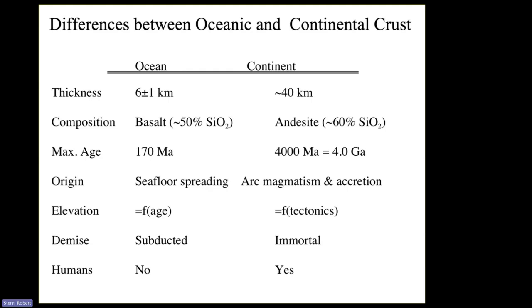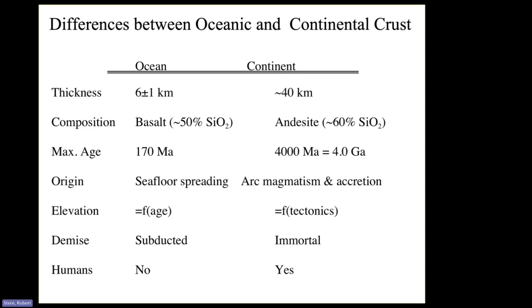Now, the age we haven't talked about, but the oldest oceanic crust we know of in the oceans, not in ophiolites, but in the oceans, is about 170 million years, whereas the oldest continental rock we know is much, much older. It's on the order of 4,000 million years, 4 billion years.